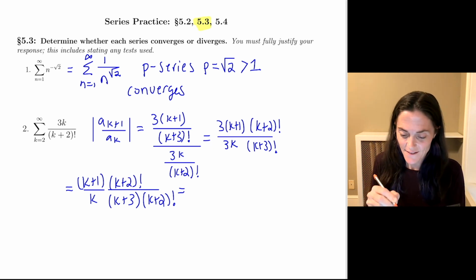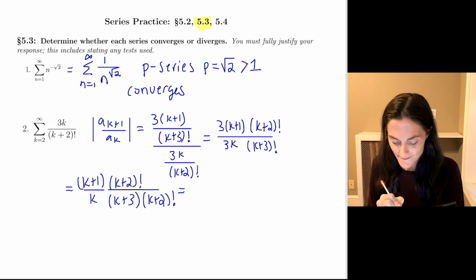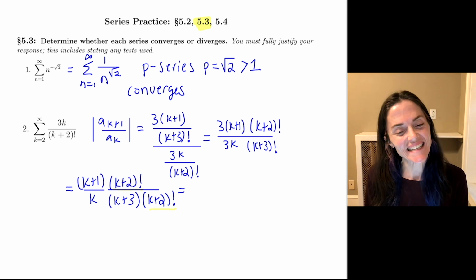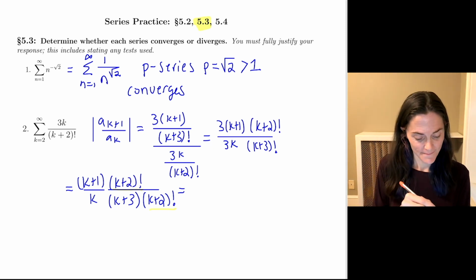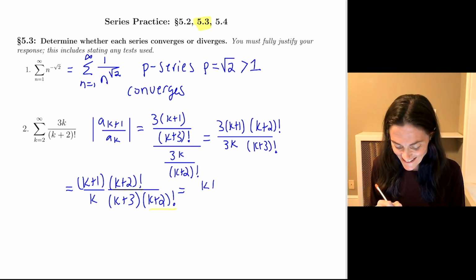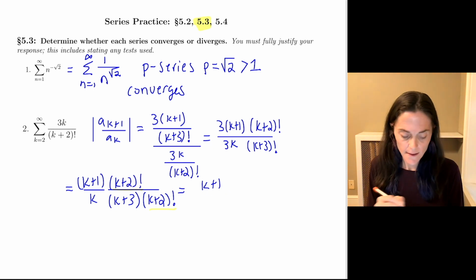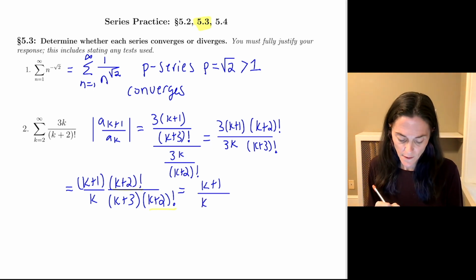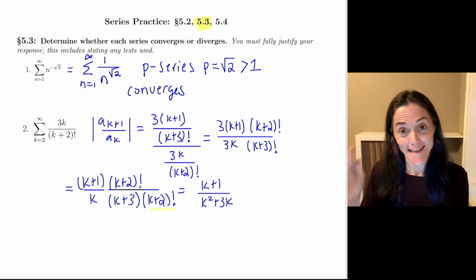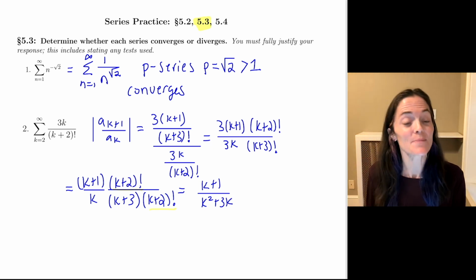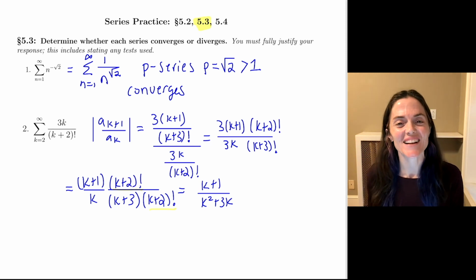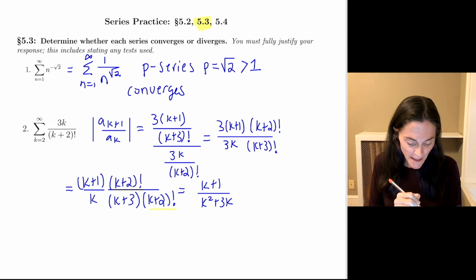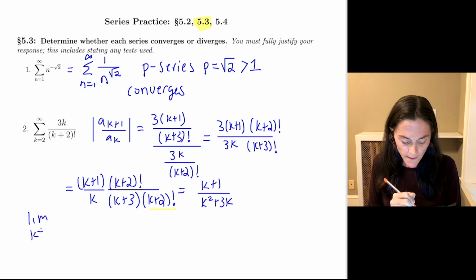And here, this is 1. So I'm left with 3 divided by k plus 3. I'll multiply this out. That is fine as is. This is my simplified absolute value a_{k+1} over a_k. Now we take a limit as k goes to infinity.